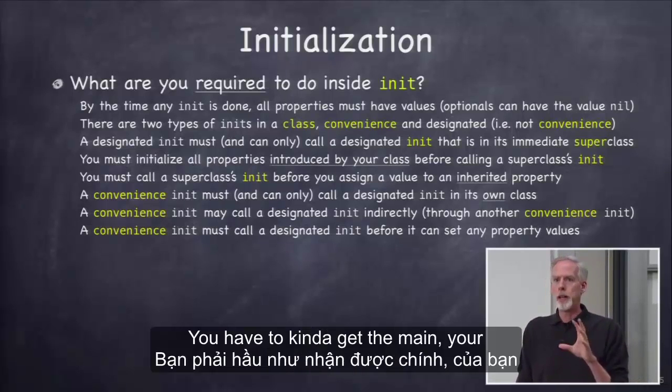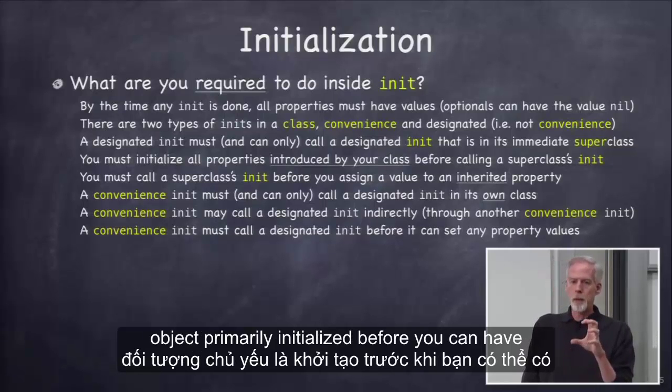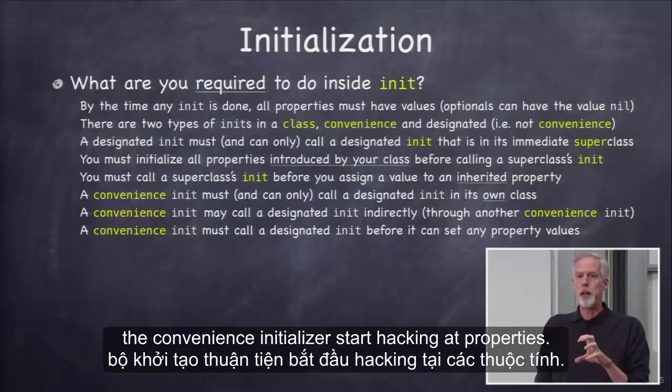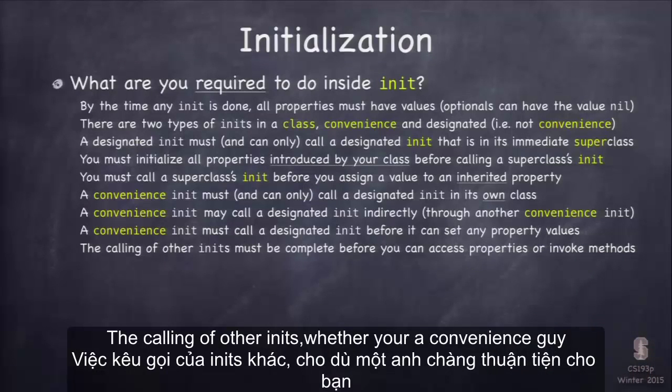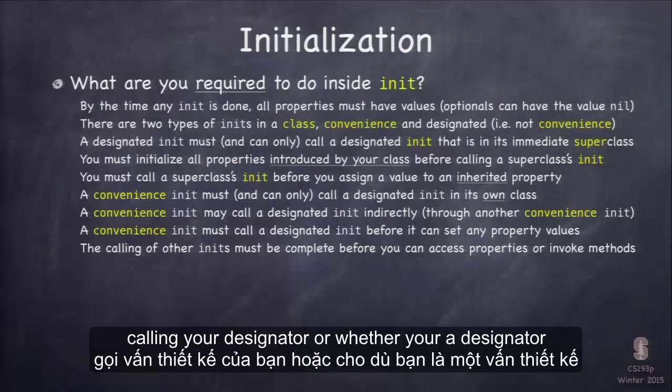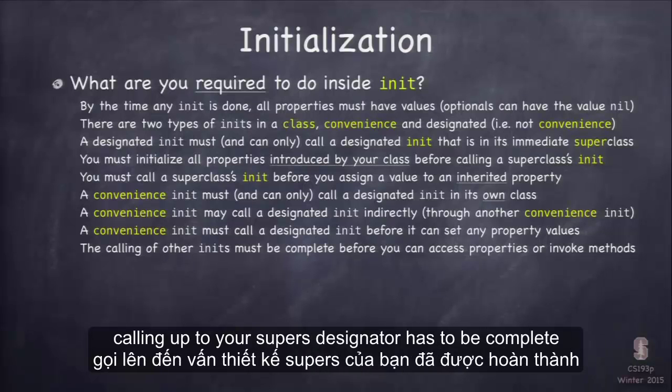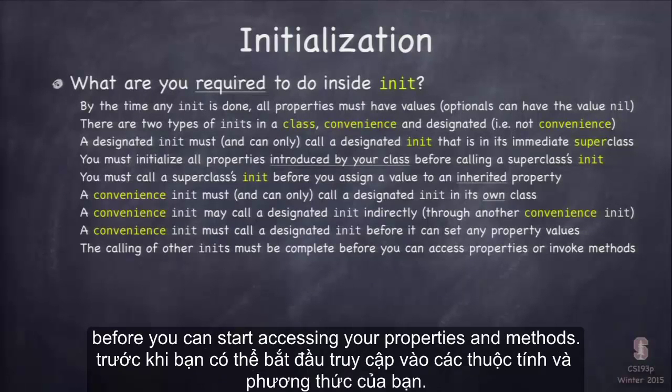Okay? You have to kind of get your object primarily initialized before you can have the convenience initializer start hacking at properties. The calling of other inits, whether you're a convenience initializer calling your designated one, or whether you're designated calling up to your super's designated one, has to be complete before you can start accessing your properties and methods.